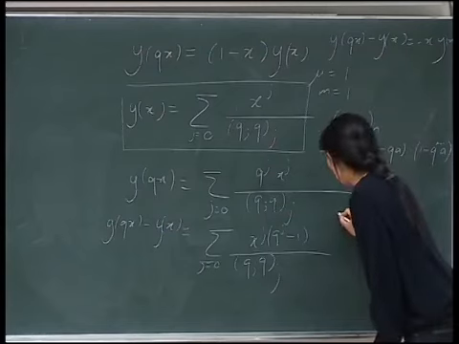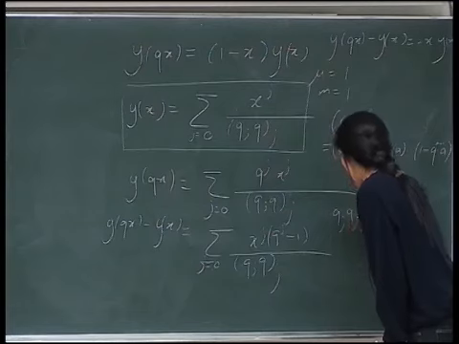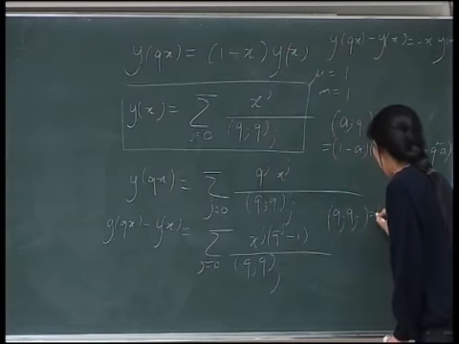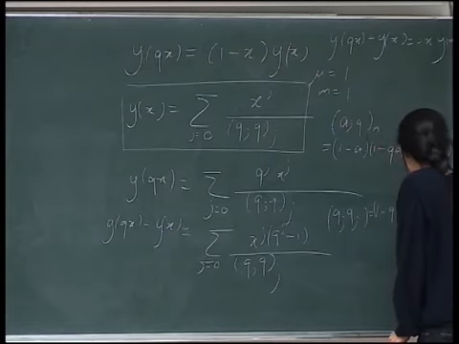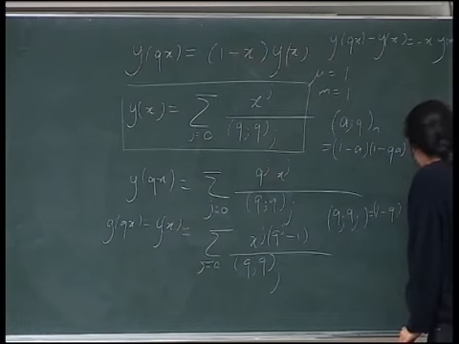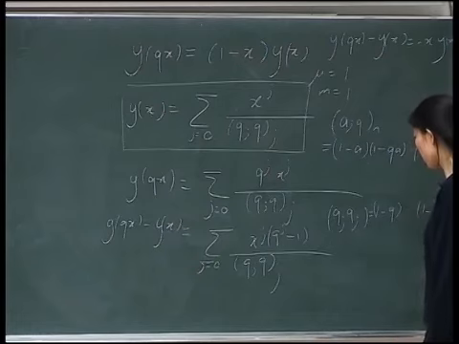But qj is equal to 1 minus q, 1 minus qj minus 1, no, j.